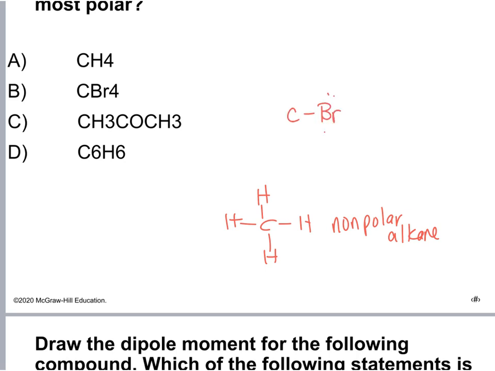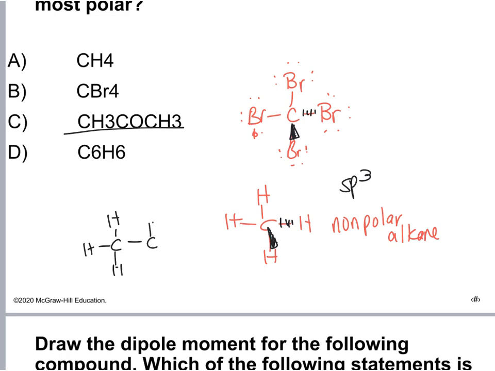The bromine, if you drew these out, you would see that the tetrahedral would be nonpolar. When you draw these in tetrahedral, you could do this as a wedge and this as a dash, because they're tetrahedral sp3.